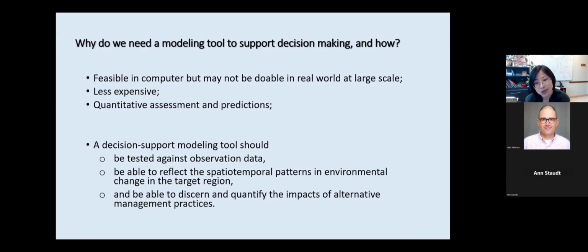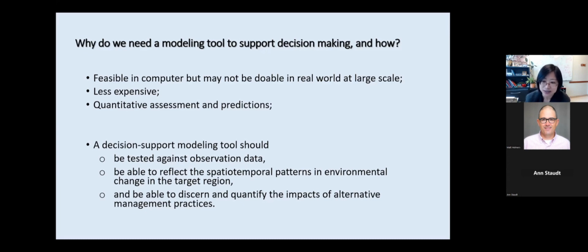Or we want to know which practices are more cost effective than others, or which one is less affected by uncertain weather conditions. But testing them in the real world would be mission impossible, especially at large scale. But if you have a well-tested model in your computer, that could be more feasible and less expensive. This model can provide us quantitative assessments and predictions with uncertainty reports.